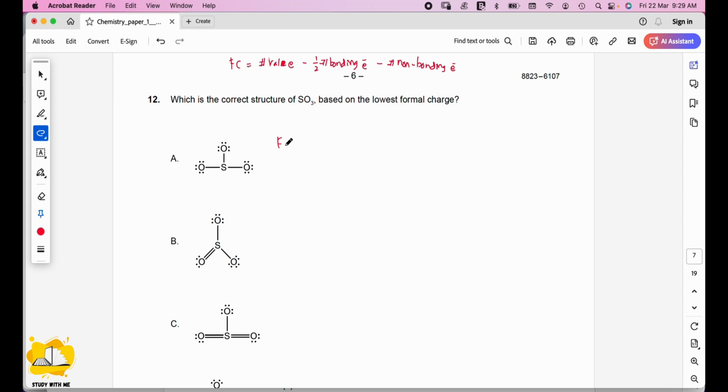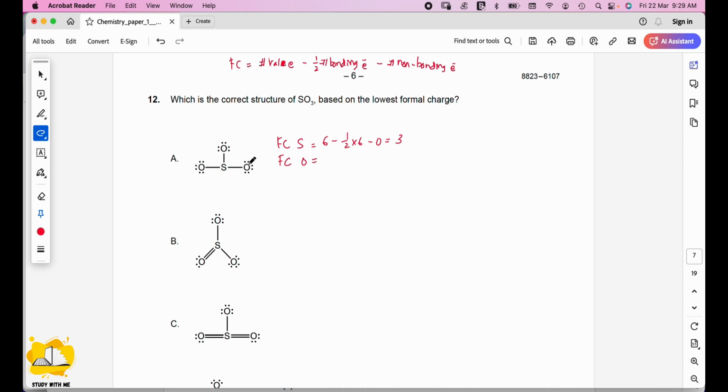So we have two elements here, sulfur and oxygen. Sulfur's valence electron count is 6, minus half times 6, because you know 1, 2, 3, 4, 5, 6, and minus the non-bonding electrons, which is 0, so that will be 3.